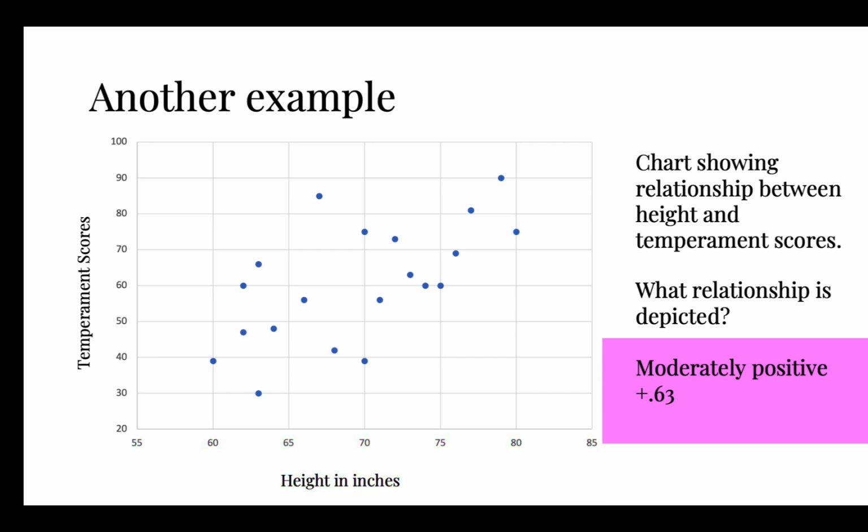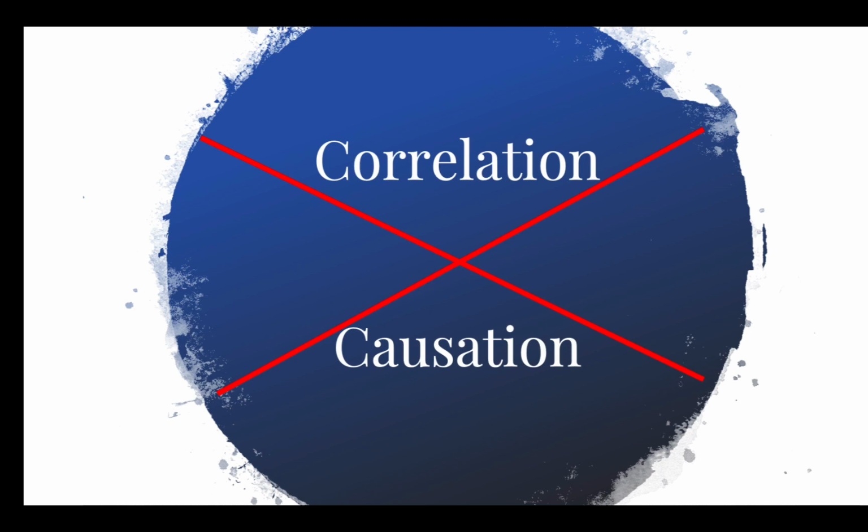Alrighty, now we're going to talk about correlation and causation. Just because two variables have a relationship, just because they're together, doesn't mean that this one causes this one, right? Knowing two variables are correlated does not necessarily tell us how or why they're related.